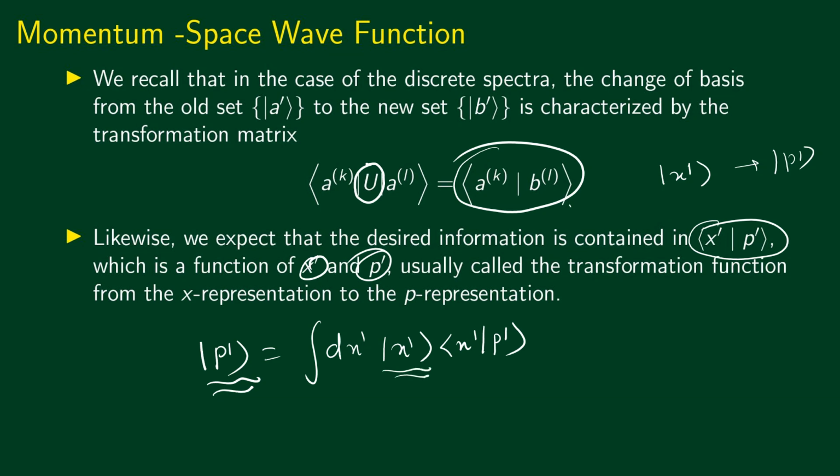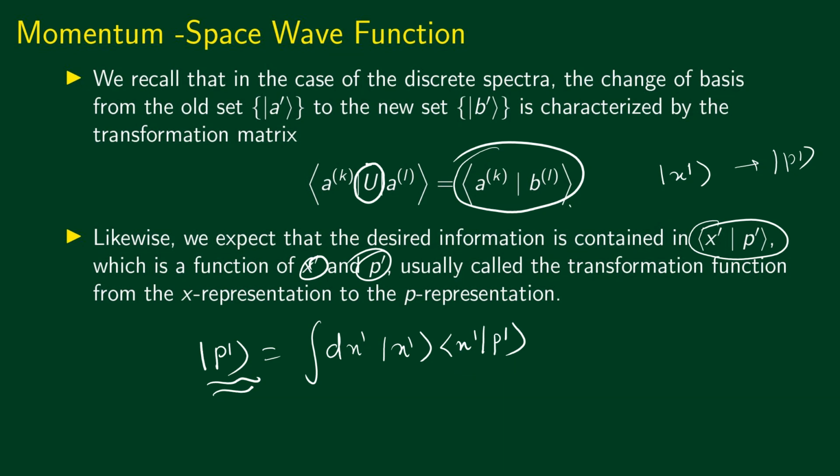These are the basis vectors and these are the expansion coefficients. And you might identify already that this is the completeness relation for the position eigenkets. So clearly we see that the necessary information for going from this basis to this basis is included in this function of both x prime and p prime.